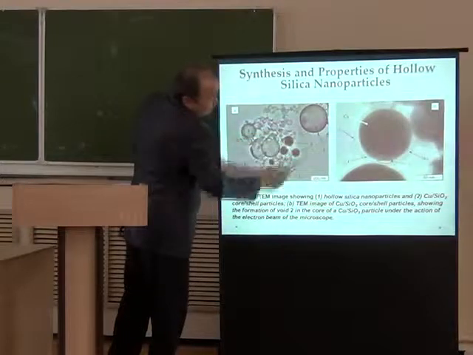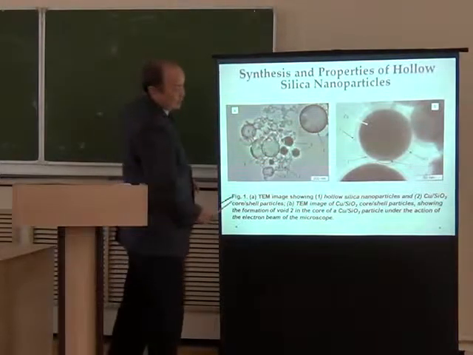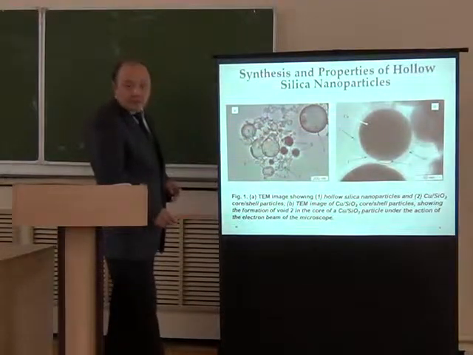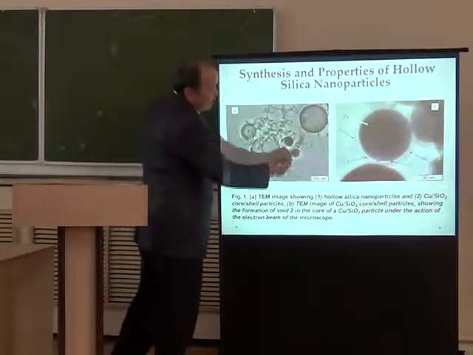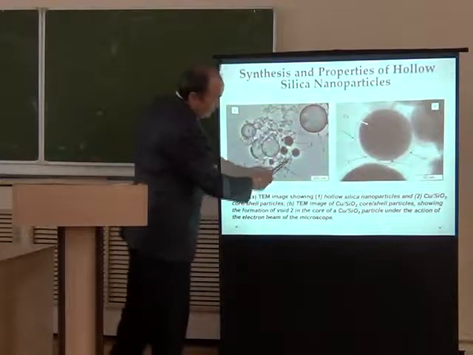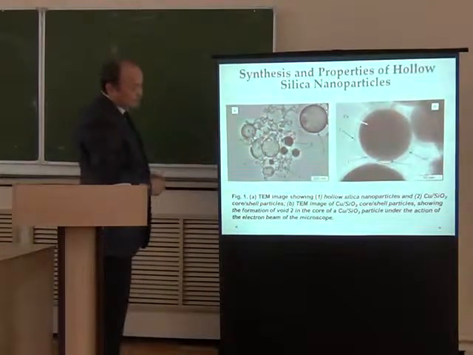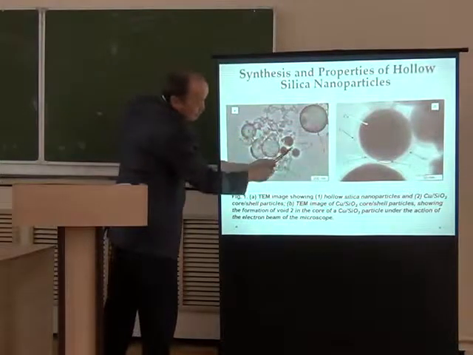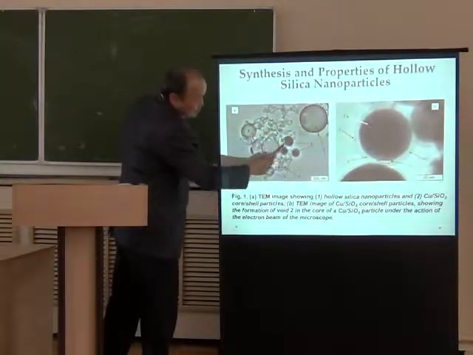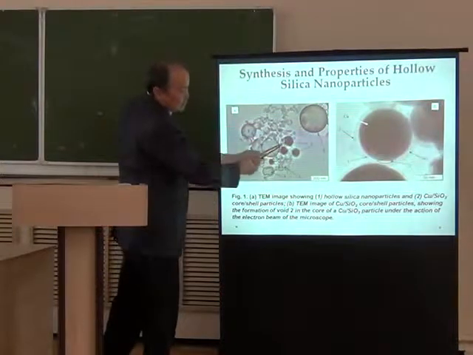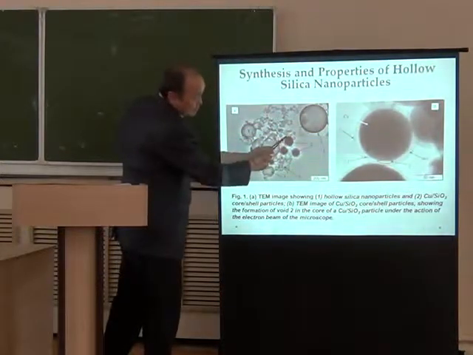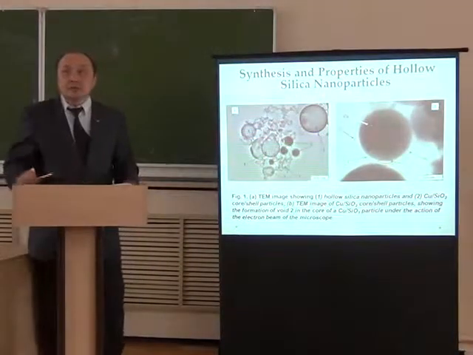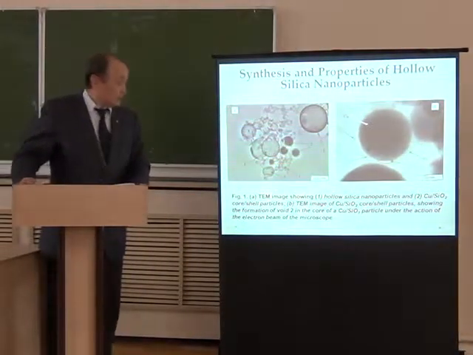The diameter of this shell nanoparticle is about 200 nanometers. Do you understand? But in this image, we can see core shell nanoparticles, with copper in the core and a silicon shell. Do you understand? Following slide.